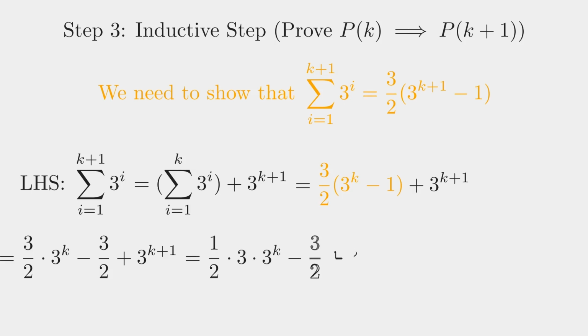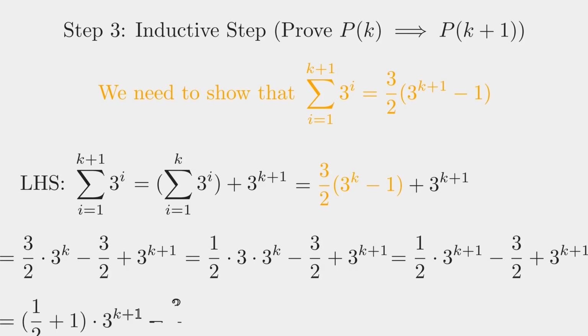Notice that 3 over 2 times 3 to the power of k can be written as half multiplied by 3 multiplied by 3 to the power of k, which simplifies to half times 3 to the power of k+1. So our expression now is half times 3 to the power of k+1 minus 3 over 2 plus 3 to the power of k+1.